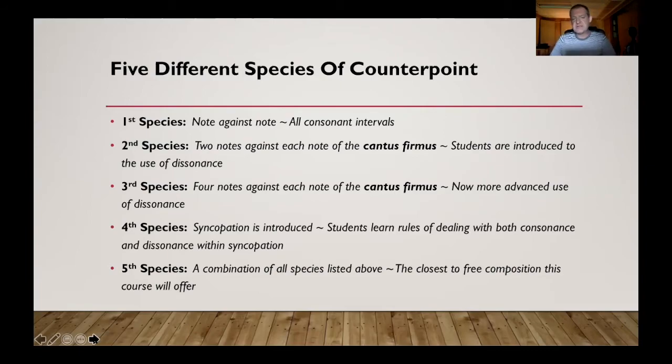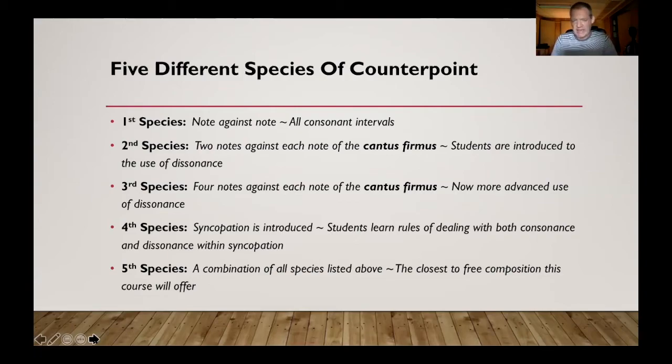Now, fourth species, syncopation is introduced. This is my favorite species, I must say, fourth species. Students learn the rules of dealing with both consonance and dissonance within syncopation. And it's my favorite because, well, if you put syncopation to almost anything, you're going to give music a bit of swing, right?